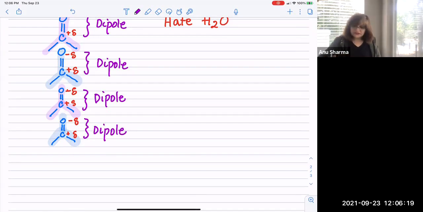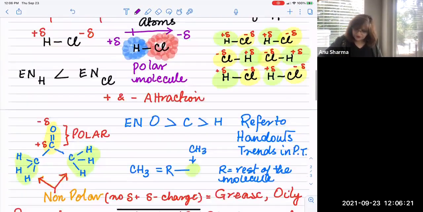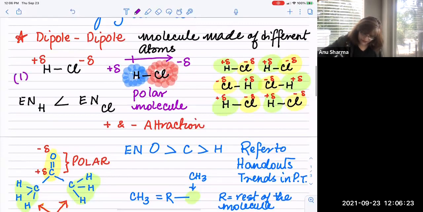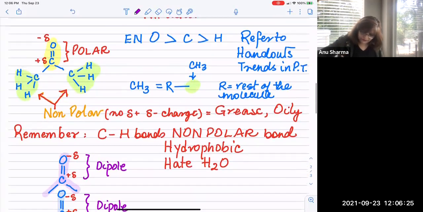All right, now let's look at another example. These are just different examples of dipole. This is one, this is the second one, and let's look at the third one.